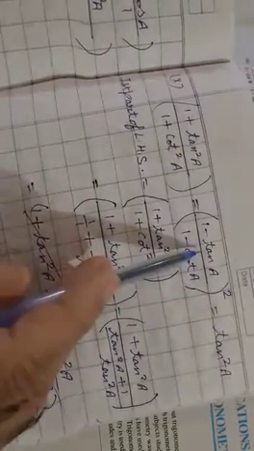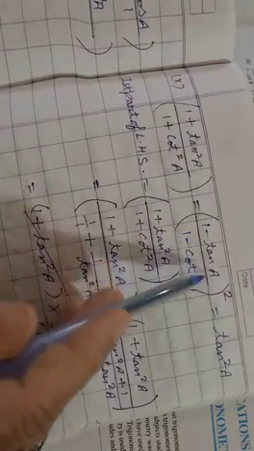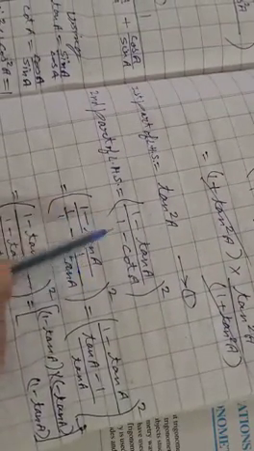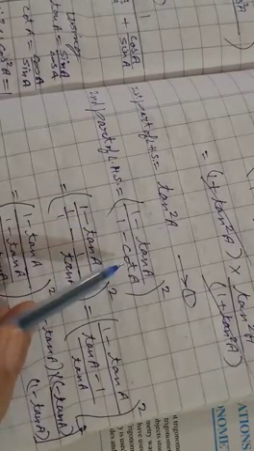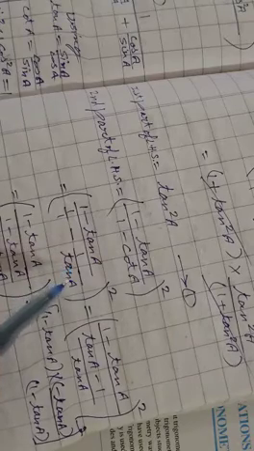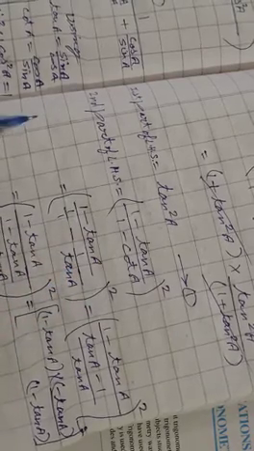Now the second part of the left hand side is the whole square of 1 minus tan A upon 1 minus cot A. 1 minus tan A upon 1 minus, formula of cot A is 1 upon tan A, whole square.